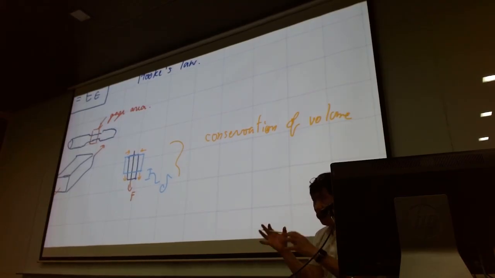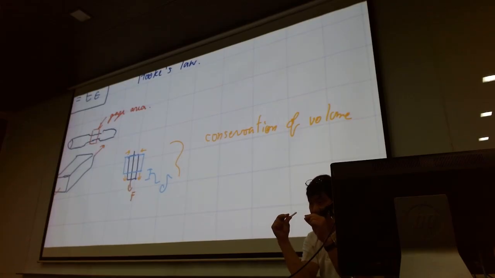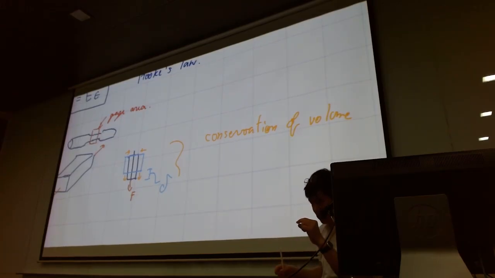It means that if you have a rubber eraser, for example, in front of you, you can try to pull on it. You will see that part of it expands, the other part shrinks. That's because of the conservation of volume. So in this case, with the conservation of volume, there must be a strain in the other direction as well.